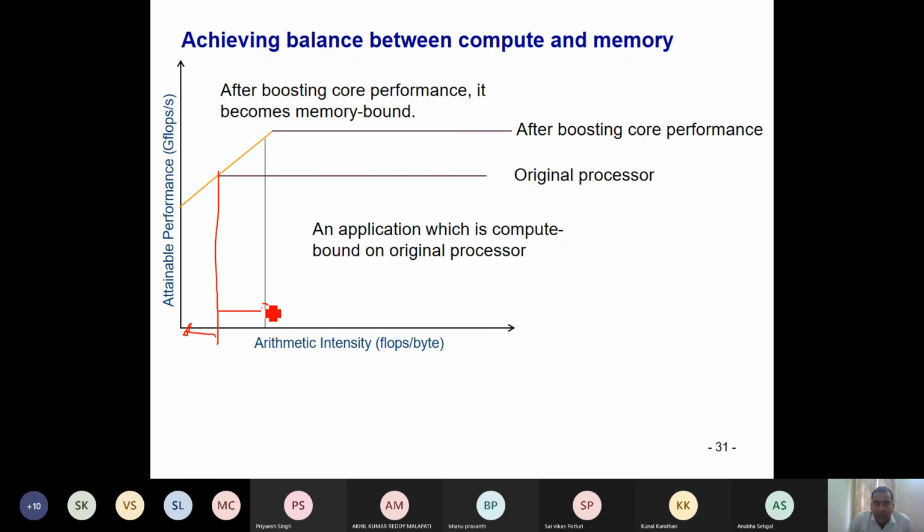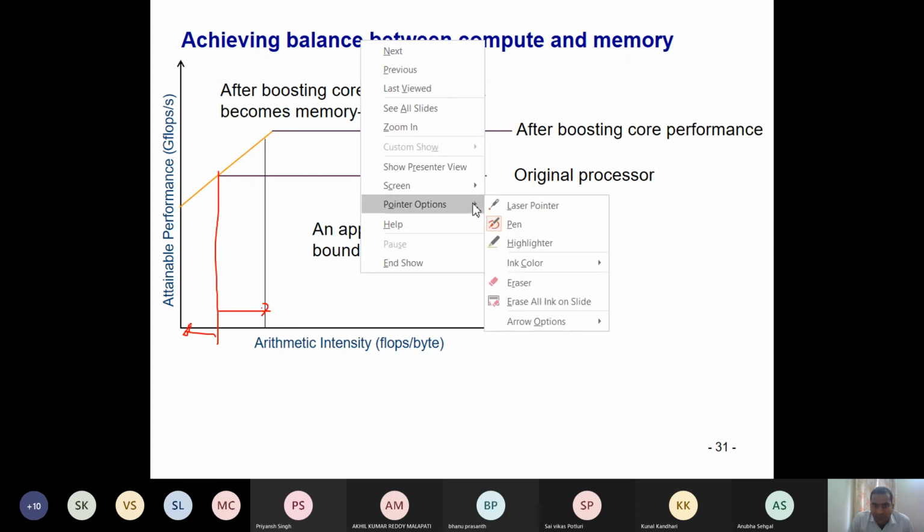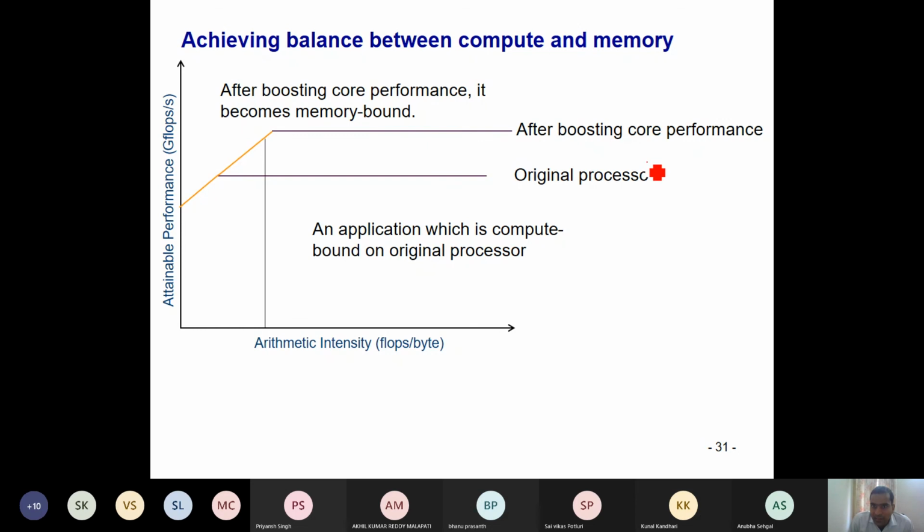Now, suppose you are the architect working on the processor. You take the original processor and boost its core performance. Suppose you double the number of cores, or make it 4 times, 8 times, whatever. You just boosted the core performance by increasing the number of cores, but you did not change the memory bandwidth.